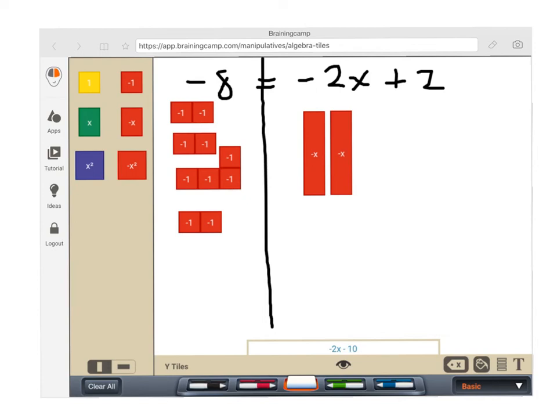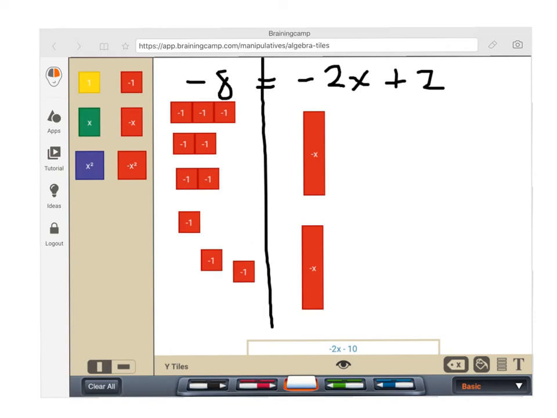Now, the next thing we're going to do is we want to take these 2 and separate them because we want each one by itself. So there we go. I could turn them if I want. I just didn't take a moment to do it. Then we need to divide this into 2 groups. So I've got 5, I think, there and 5 here.